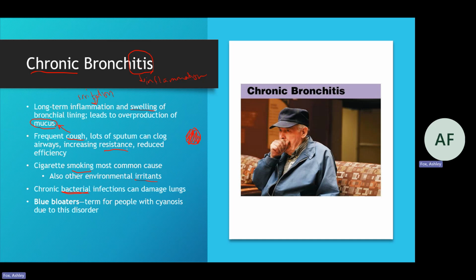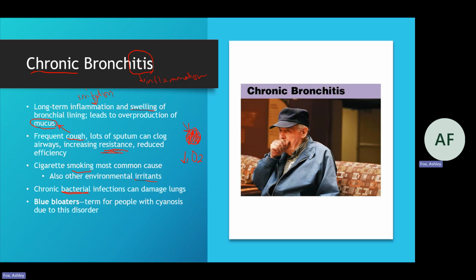So we have increased resistance, but this is different in that you're plugging the airway. So there's going to be less airflow going through. Less air can get through the plugged airway, so less air, less oxygen. You're still using a lot of energy, but maybe not as much as with emphysema.